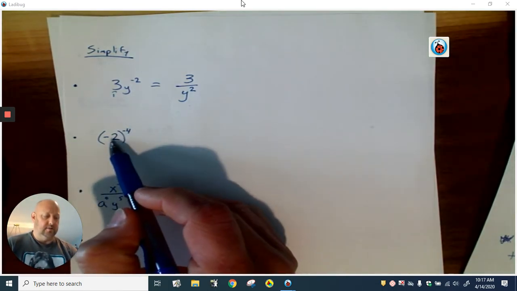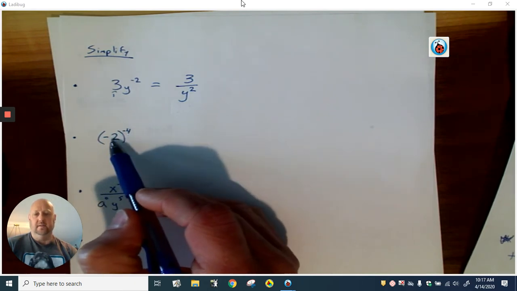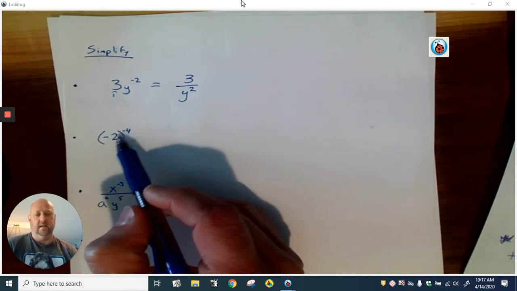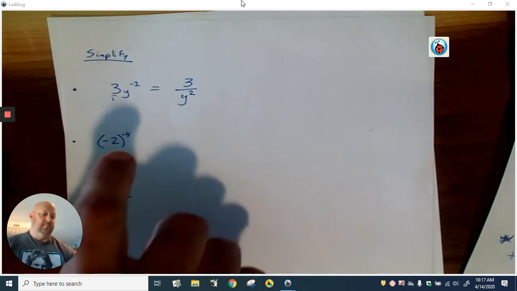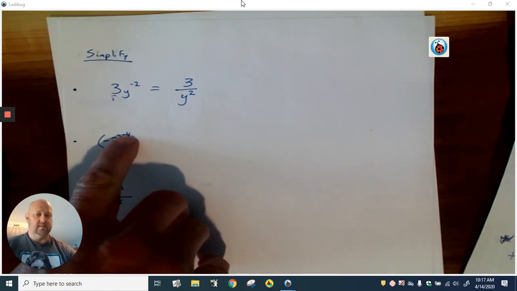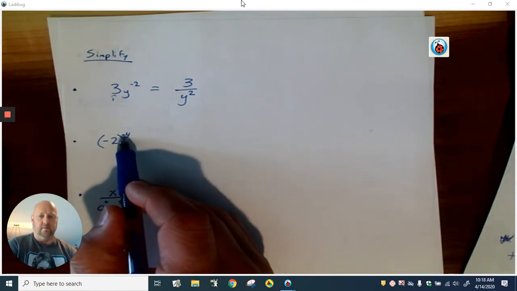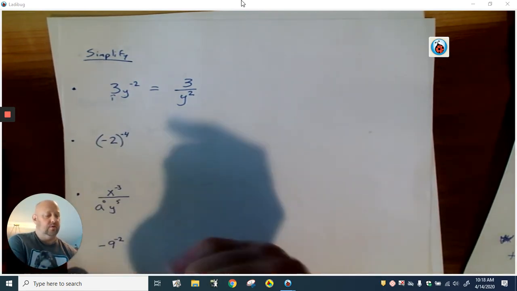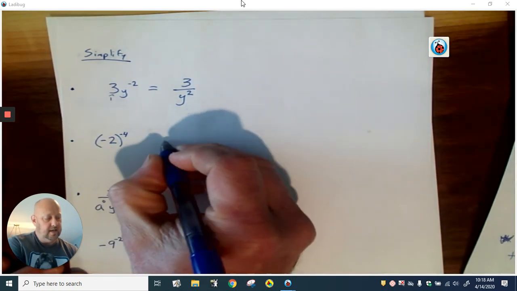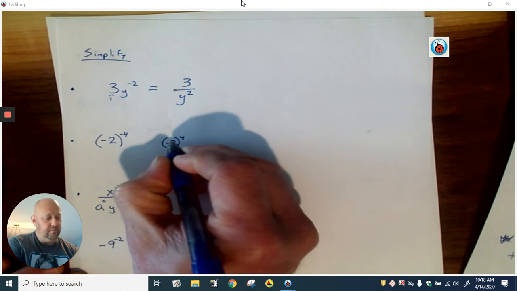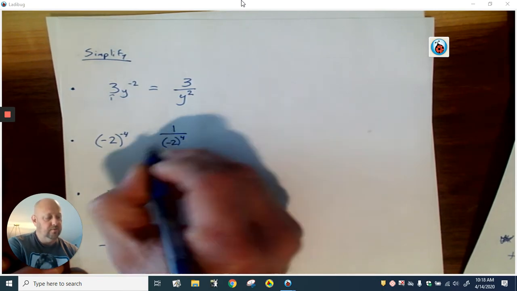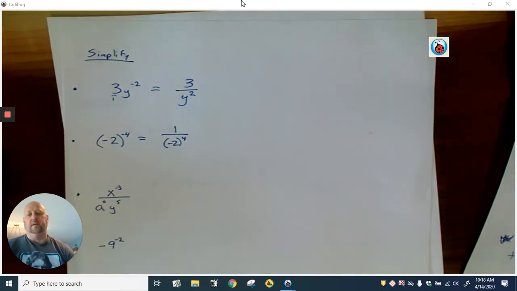Let's try this one. A common mistake here is people will think the negative and the negative here will cancel. That's not actually true. The negative in the exponent means we're going to take that negative 2 and make it to the positive fourth power, but move it into the denominator. So we're going to flip it.